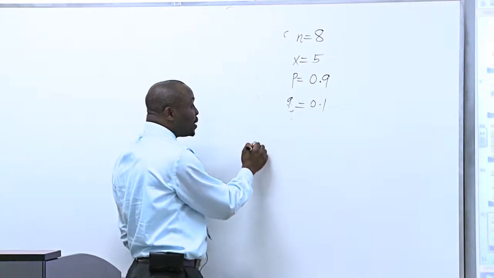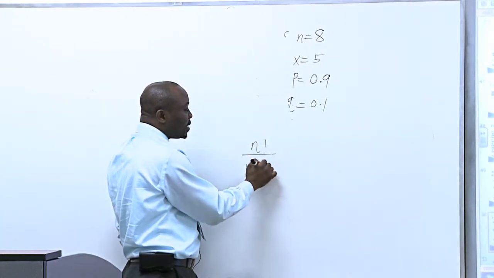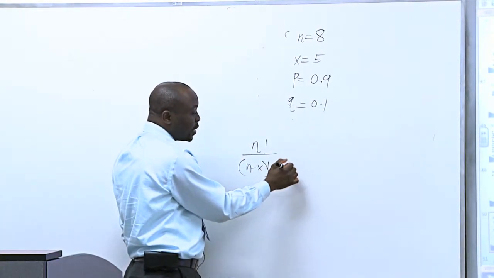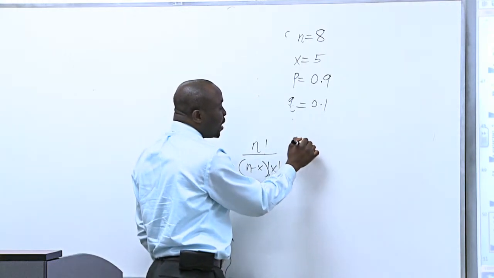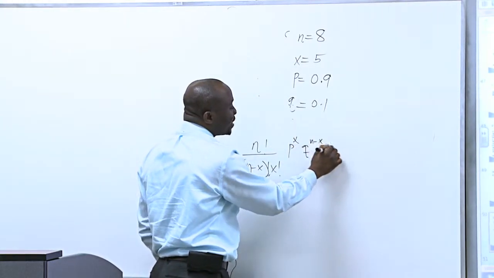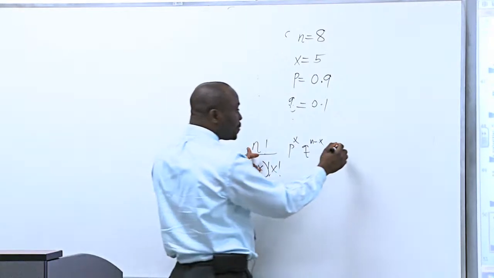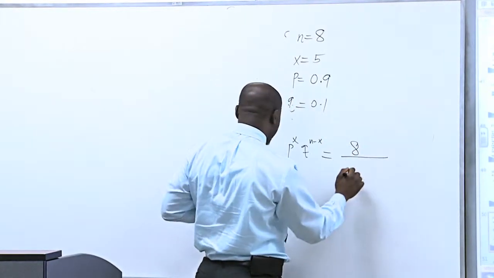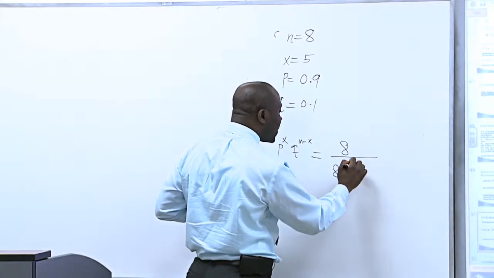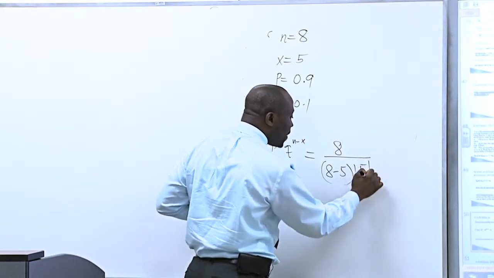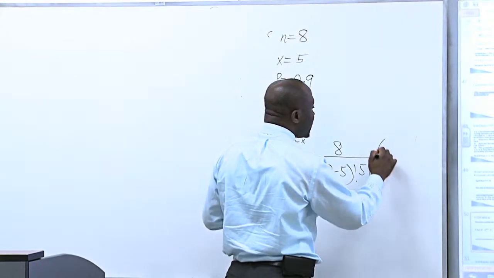Once again, we know it's n factorial over n minus x factorial, x factorial, times p to the power x, times q to the power n minus x. We know what n is. 8 over 8 minus 5 factorial, 5 factorial. What is p?